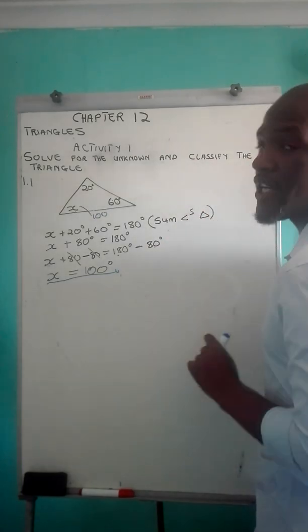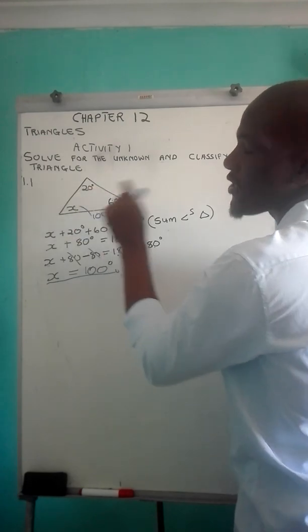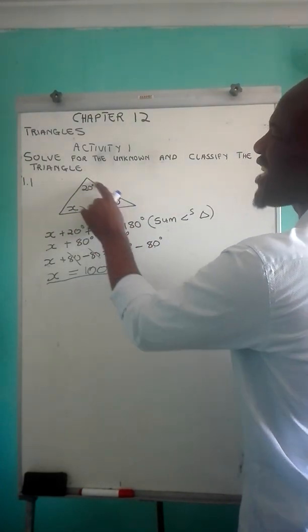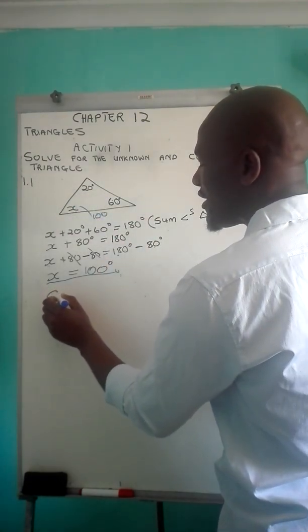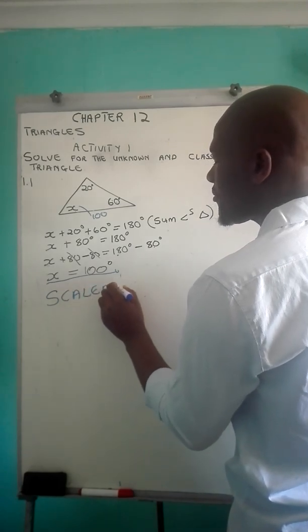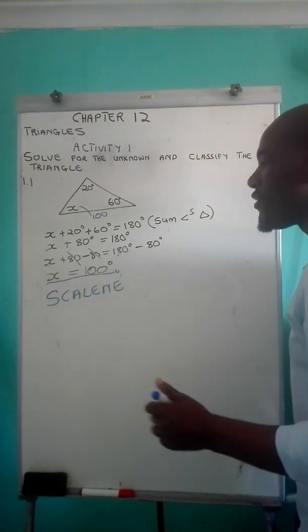And classify the triangle. Since these angles are different, not equal, we call that a scalene. Classify, it's a scalene. If the angles are not equal, we call the triangle a scalene.